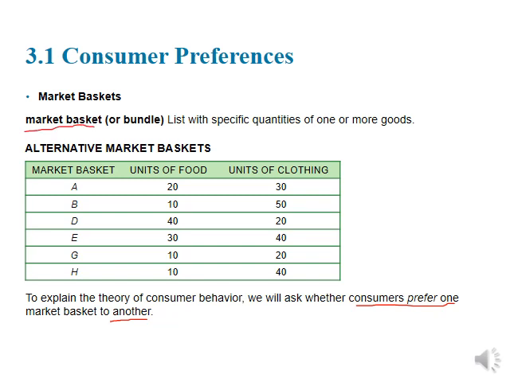Now, you may remember the term market basket from our macro discussion of CPI, but all a market basket is, is a list of quantities of one or more goods or services. So in this table right here, we're comparing several different market baskets, and these baskets are comprised of food and clothing.